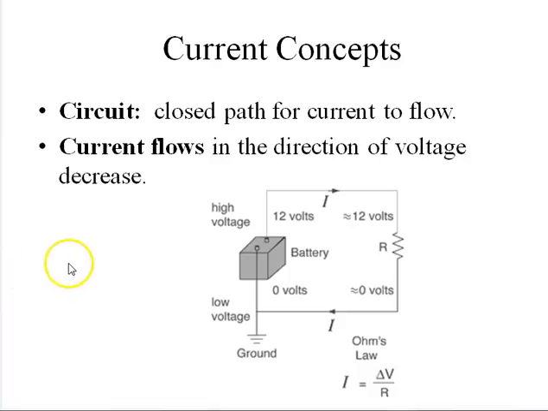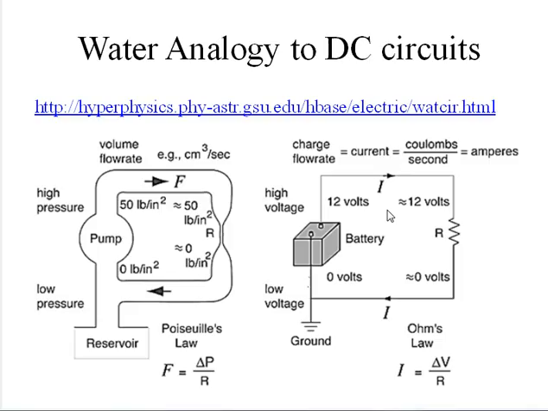So let's look at further concepts here, current concepts. If we need a circuit, what does it mean to be a circuit? That's a closed path for current to flow. Water, for example, if we go back to our previous diagram and break this pipe here, and it's no longer connected down here, but we still have this pump flowing, all this water will just flow out.